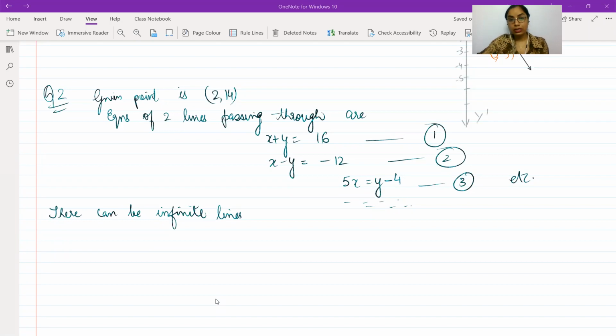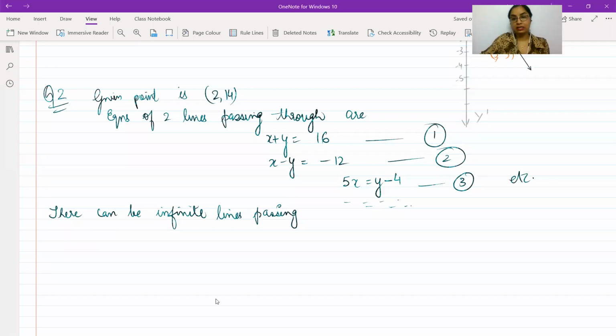Otherwise, अगर आप geometrically देखो, आपको ये बात वैसे ही पता होगी कि अगर हम एक point draw करते हैं उसमें से कितनी सारी lines pass कर सकती हैं. So if there is a point given to you, there are infinitely many lines which pass through that. And if you are given 2 points, how many lines will pass through that? One unique line. That's correct.